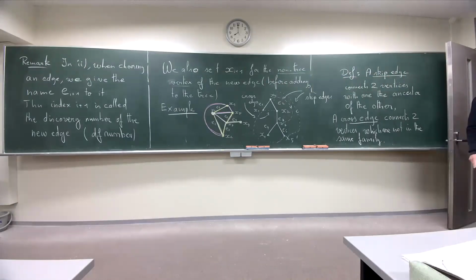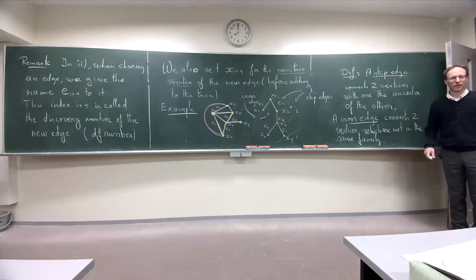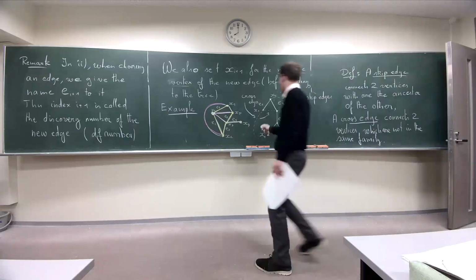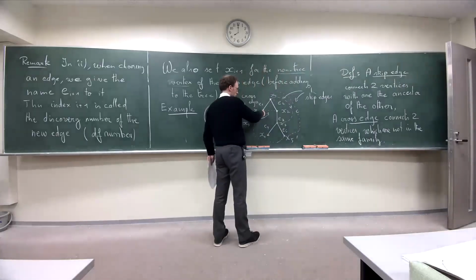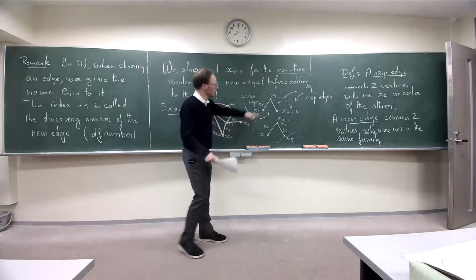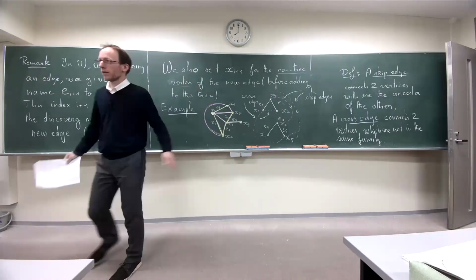But this is not the point. One endpoint is the ancestor of the other endpoint, while it is not the case for a cross edge. This one is not the ancestor of this one. And the same, if we look at X1 and X5, they have a common ancestor, but one is not the ancestor of the other one.